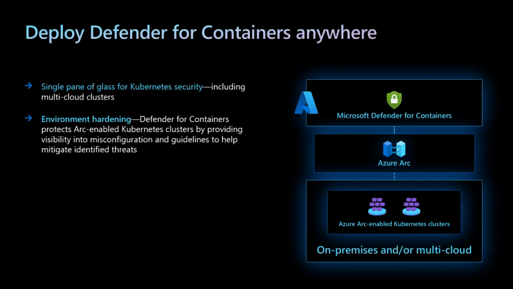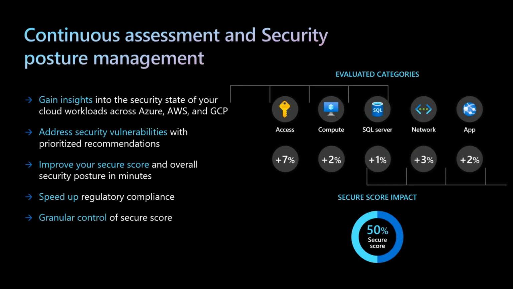It continuously keeps assessing these clusters, and it provides visibility to misconfigurations and guidelines to help mitigate identified threats as well. And there is a bunch of other capabilities like vulnerability assessment scanning, or runtime threat protection for nodes and even clusters themselves.